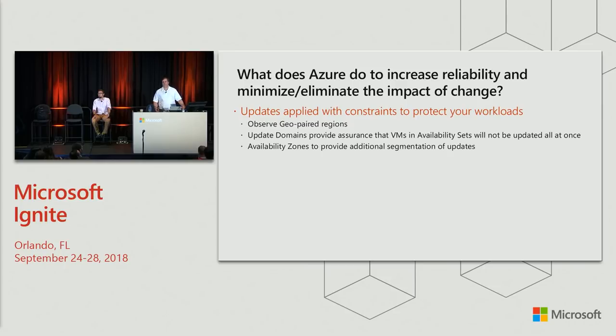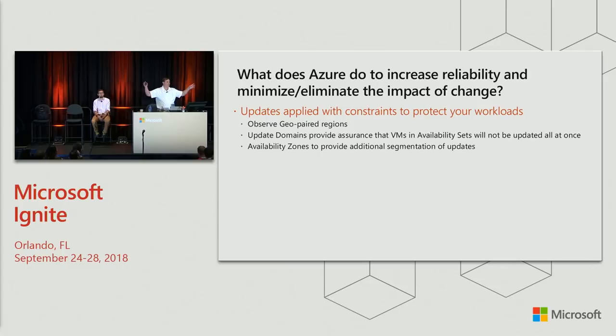One of the things that we do when we are applying updates is we have frameworks so that we're not interrupting customer workloads. Those frameworks are using geo-paired regions. So geo-paired regions is where east and west, for instance, if we're updating workloads here in the East Coast data center, then we're not doing that same update in the west.